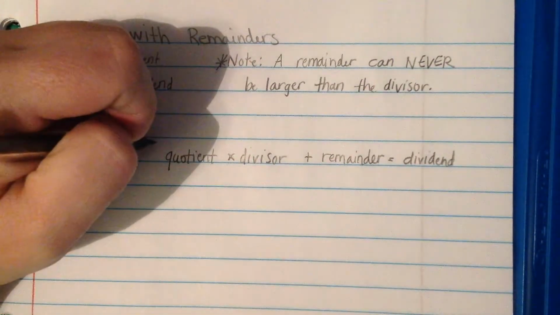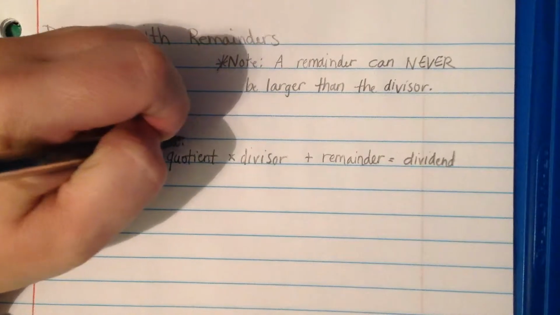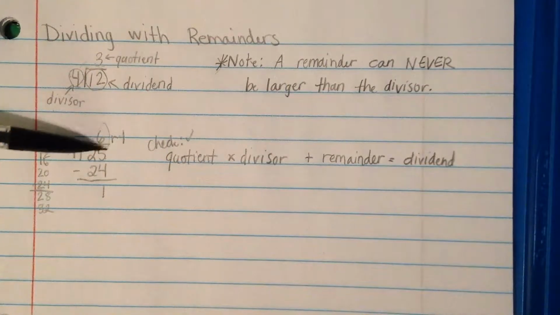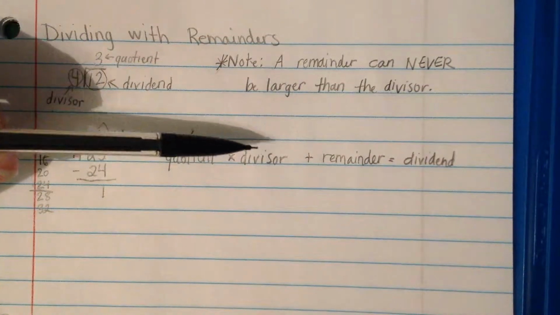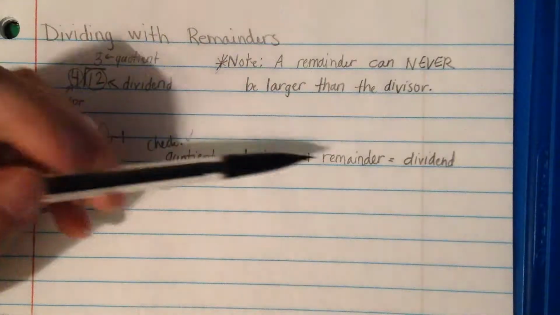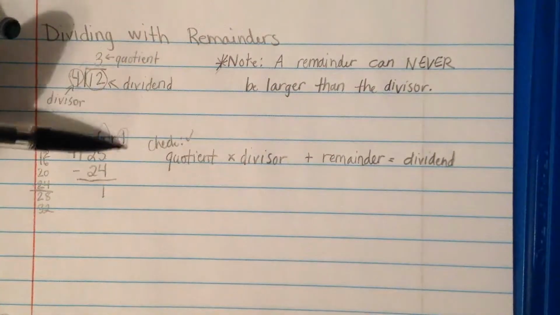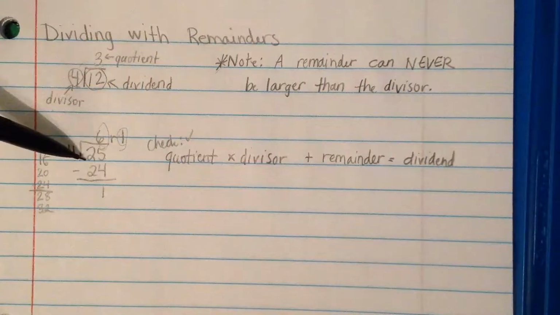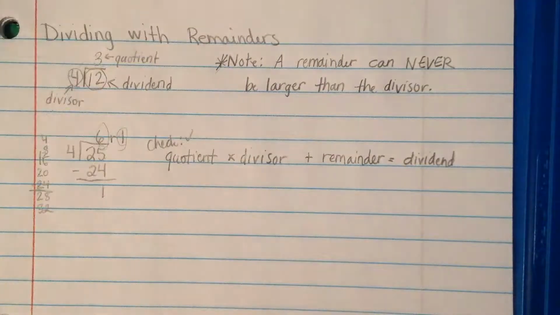So this is my check. Check to see if my answer is correct. If I take my quotient, which is 6, times my divisor, 4, that's 24, plus my remainder of 1, I'm supposed to get 25, and I do. That is my way of checking to see if I'm correct, because remember, it's my inverse operation.